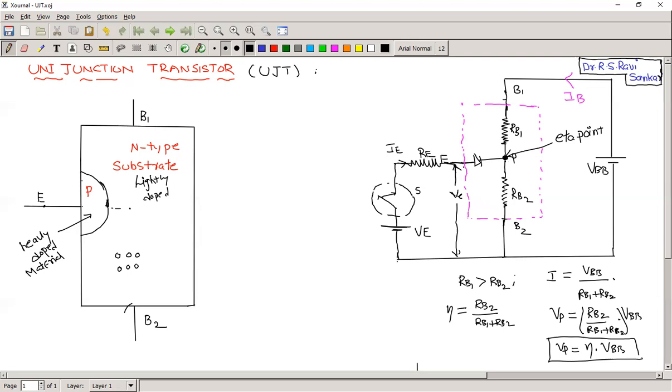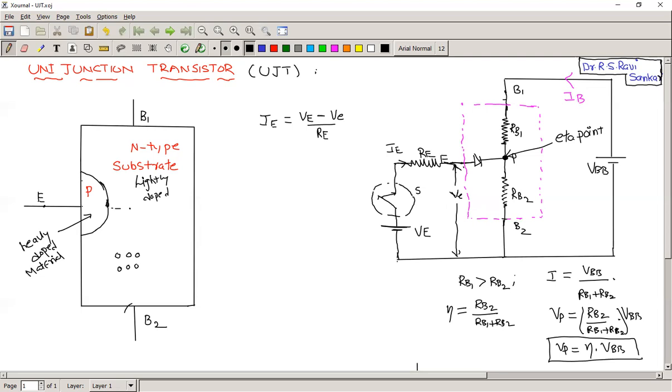Once the potential of V is decreasing, see here, I am writing the expression. Emitter current IE equals VE minus this voltage, divided by RE. This voltage is highly dependent upon the eta point voltage, because if you neglect this diode, then this voltage is equal to the eta point voltage.